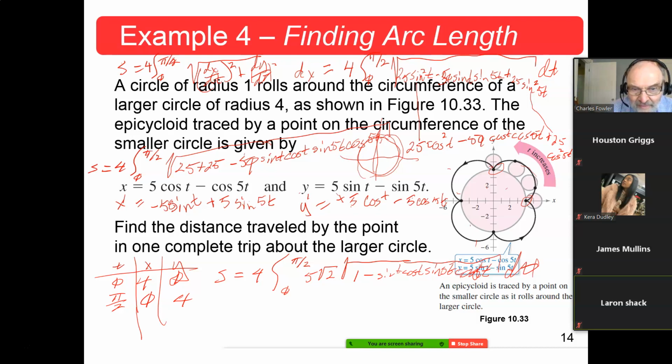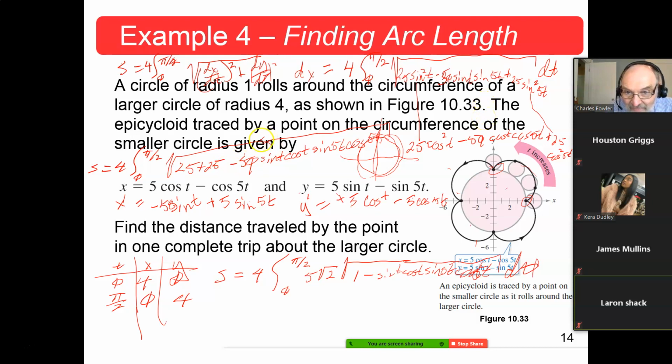I'm sorry. These should be pluses in between these. This is 50 times this. Right here, 50 cosine t, and plus, these are added to each other, not multiplied by each other.